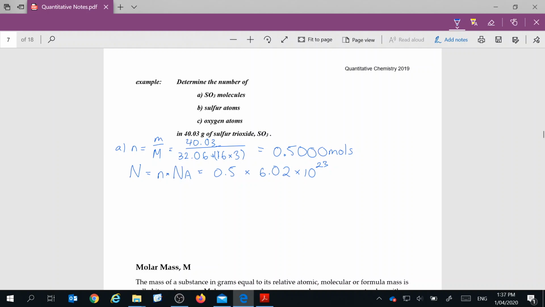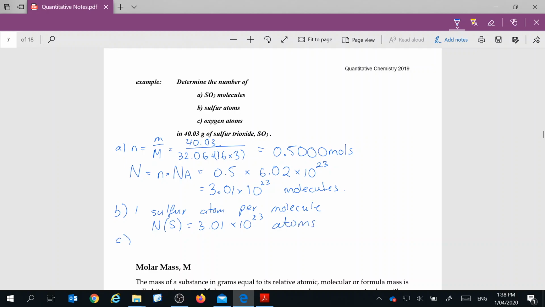So I get 3.01 times 10 to the 23 molecules. Okay, B, how many sulfur atoms? 1 sulfur atom per molecule. So therefore, the number of sulfur atoms is 3.01 times 10 to the 23 atoms.